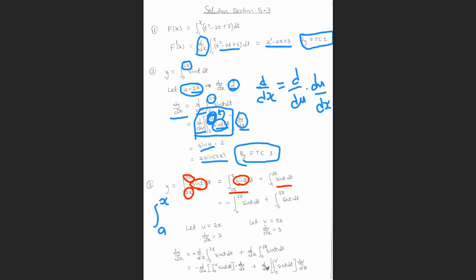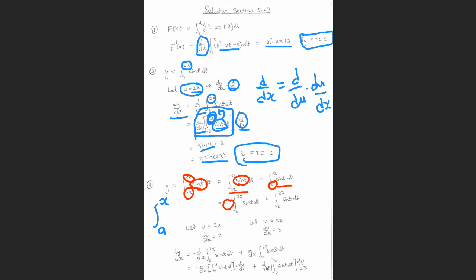Here I'm choosing 0 because I know sine is continuous everywhere, so to make my life easier, I'll just choose 0. But be careful, always look at the function and see if your choice of a works. All right. Now, if you notice, I introduced a negative sign. I'm sure some of you are asking, where is the negative now coming from?